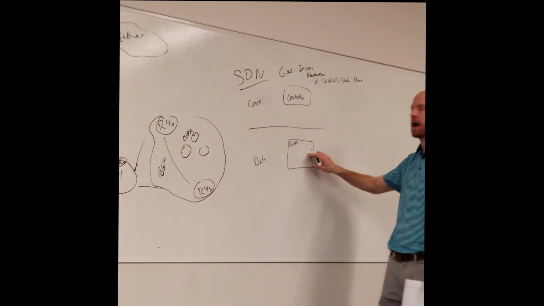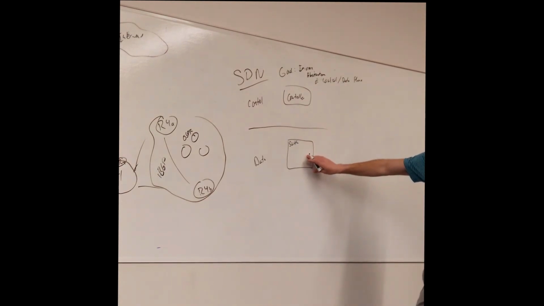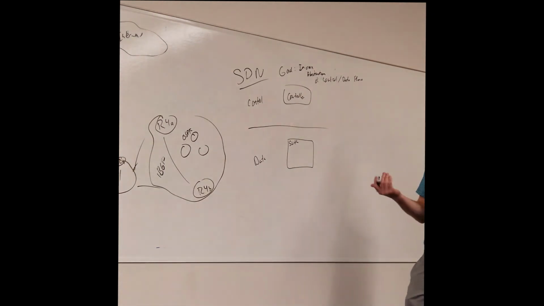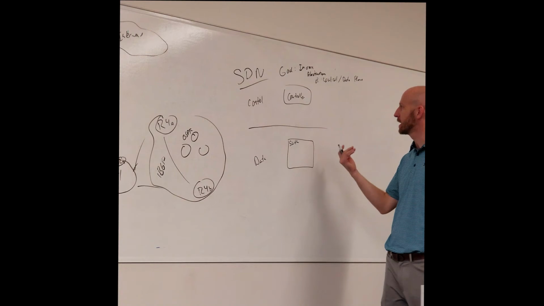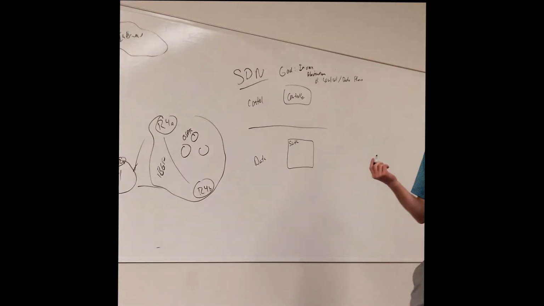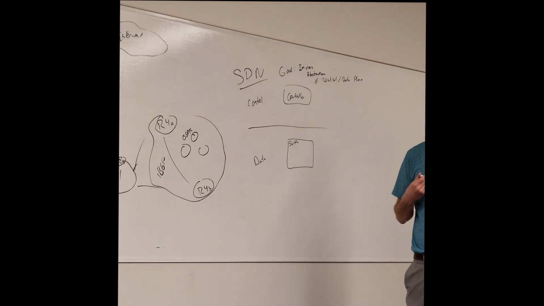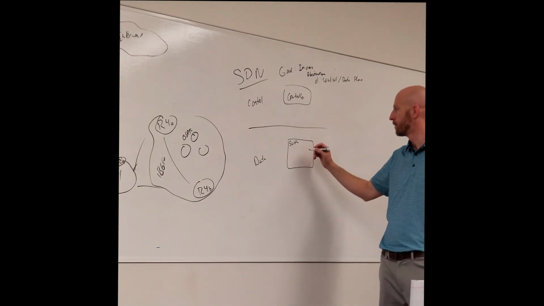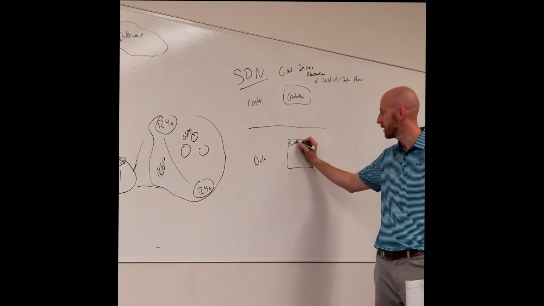What will this need to have to do SDN though? We're missing at least two things that are important with SDN. So first, this controller has to talk to this, right?